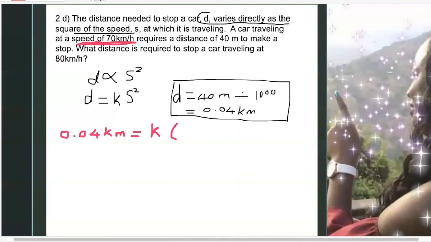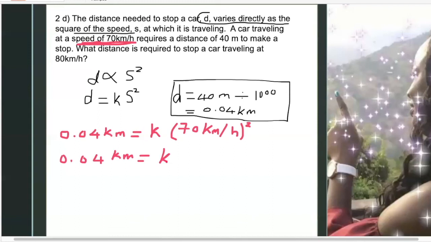So I'm going to replace s with 70 kilometers per hour squared. Now squaring this, it means we're going to have 0.04 kilometers is equal to k times, now we're going to square the 70.